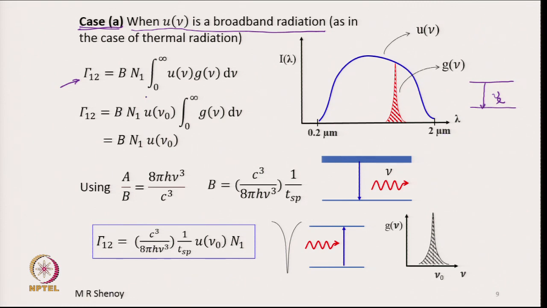So, in the range of integration, 0 to infinity, the second function G nu is non-zero over a very small range, everywhere else it is 0, and therefore we can integrate this function by assuming u nu to be constant.